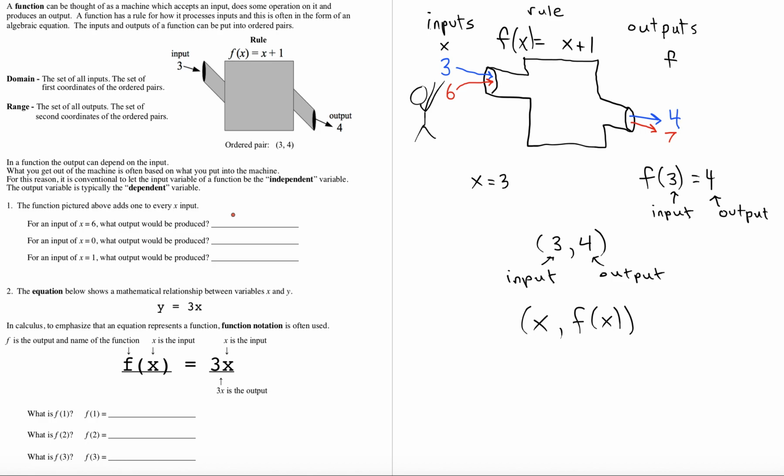In order to write this, we want to write f of 6 equals 7. What that means is that 6 is the input, and we do the operation, which is to add 1 to it, and 7 is the output. If we want to put them in coordinate pair form, it would be 6, comma 7. Input comes first, output comes second.